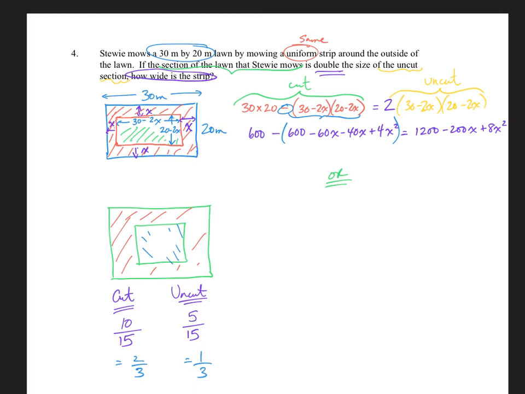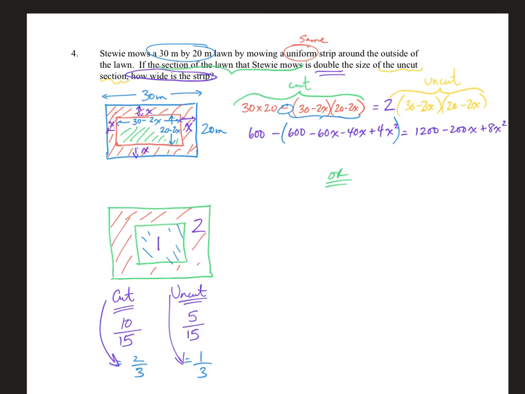So that means if my blue is 1 part, then my red must be 2 parts. And notice what that means then is my red, the cut section, is 2 out of 3 total parts. And my blue, the uncut portion, is 1 out of 3 total parts.